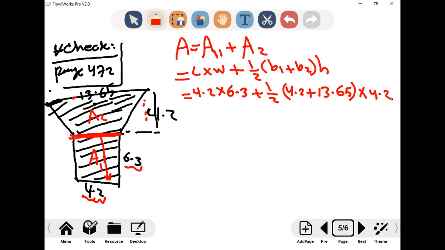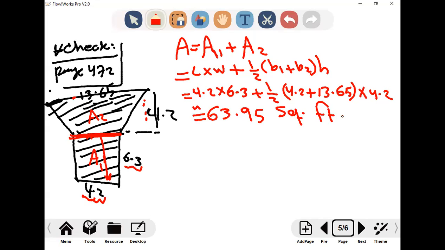The answer will be 63.95. I rounded it. Square feet. Okay. Done.